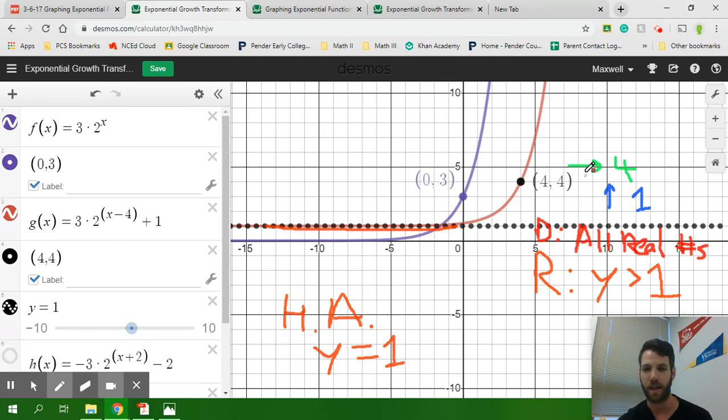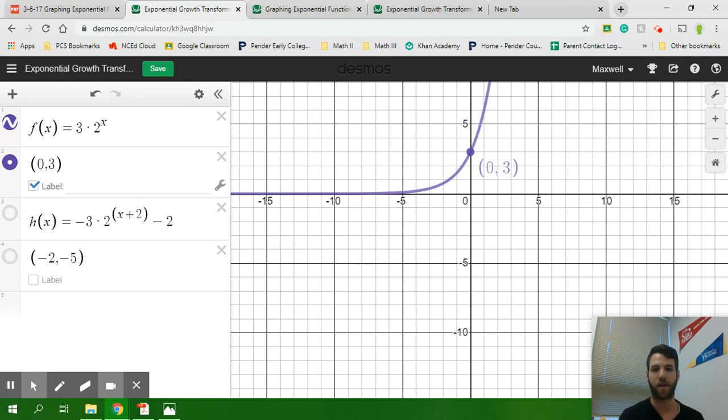And we've seen that we have a right 4, up 1. We know that our domain is all real numbers. Our range is that y is greater than 1. And our horizontal asymptote is y is equal to 1. And that just means that our red graph is going to get really close to that black dotted line, but never actually able to cross it.